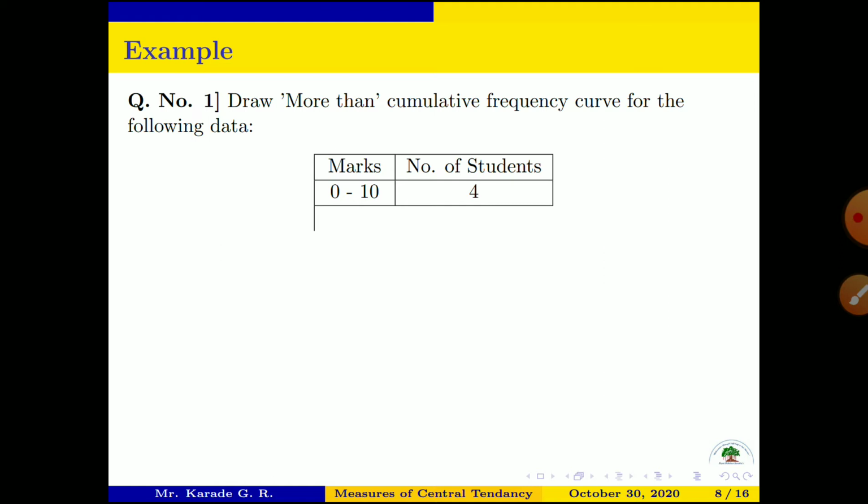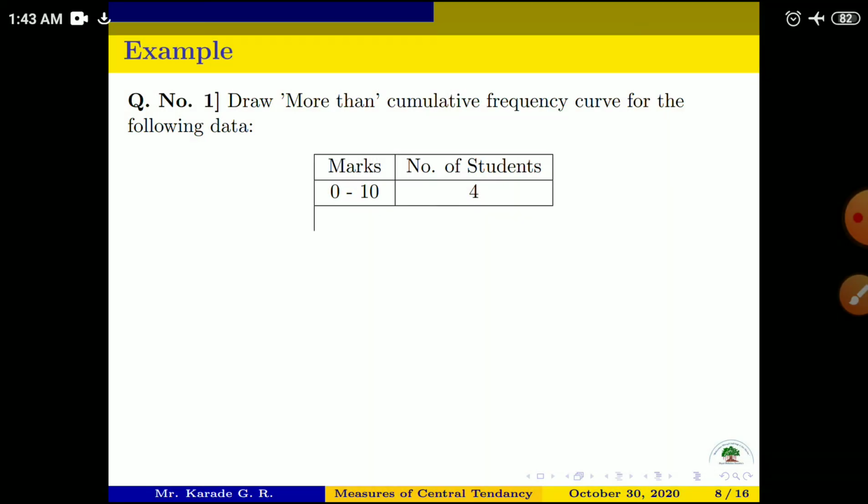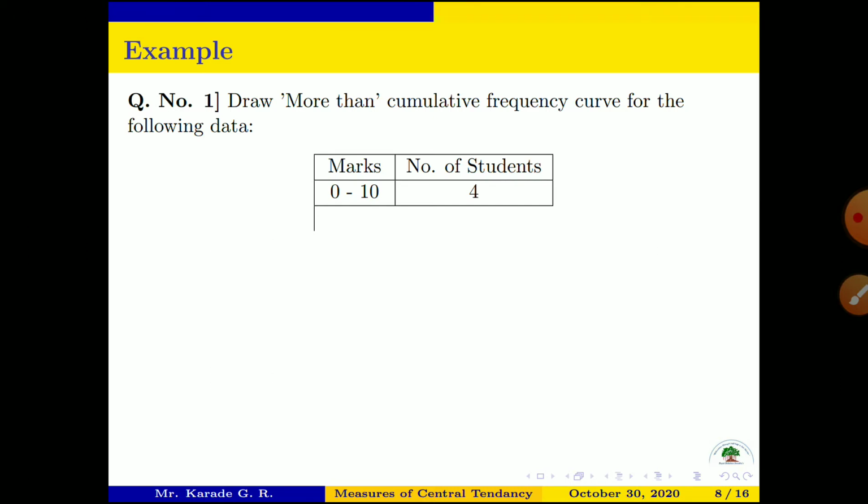The first class is from 0 to 10 and it has frequency 4. It has a frequency 4, meaning there are 4 students having marks between 0 and 10.